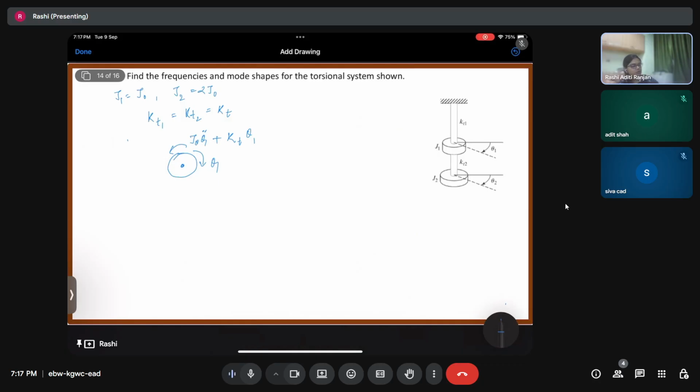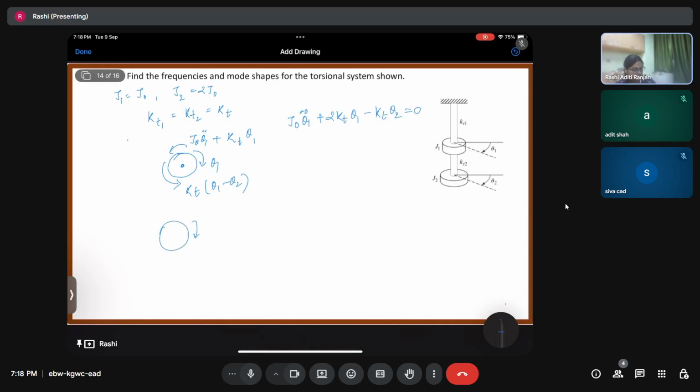Okay, so it is going to be nothing but in this direction only, kt theta 1 minus theta 2. So finally we'll get J naught theta 1 double dot plus twice of kt theta 1 minus kt into theta 2 is equal to 0. This is the first equation. Second equation is going to be for J2.